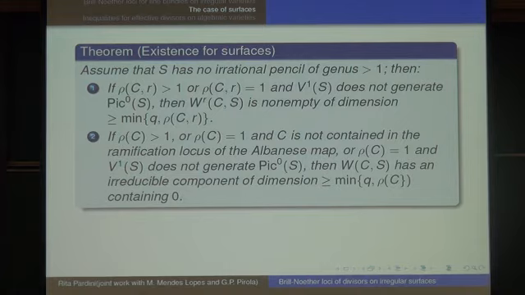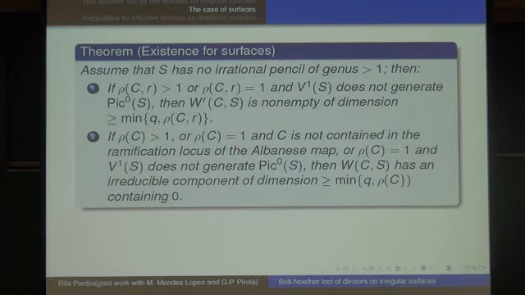So this assumption is the same as before, or this is a new one. This is sort of weak. It's quite easy to fulfill. So you ask for rho to be 1 or more, but if it's greater than 1, then you are in this situation. And it is enough that C is not contained in the ramification locus of the Albanese map.